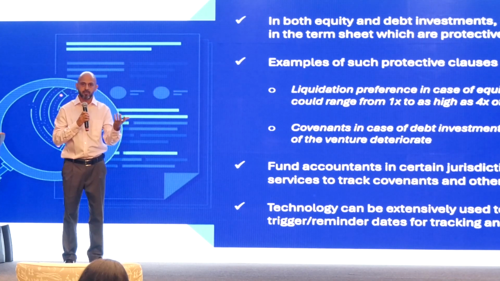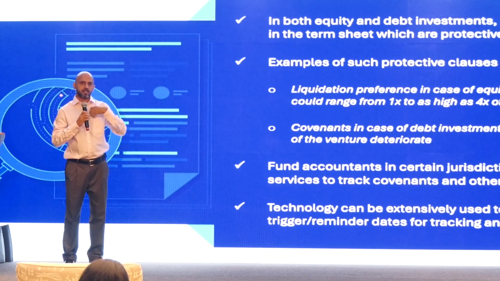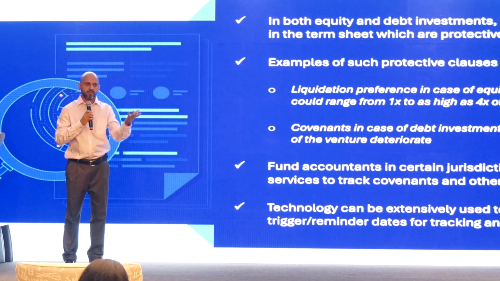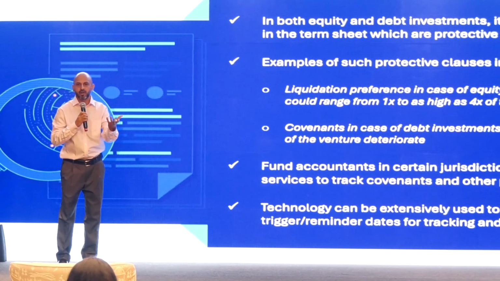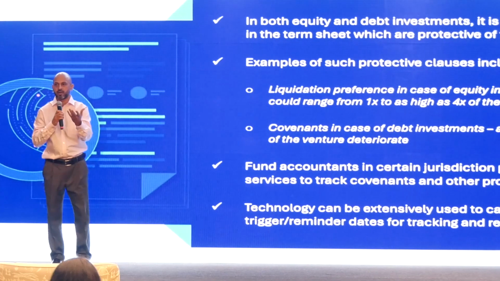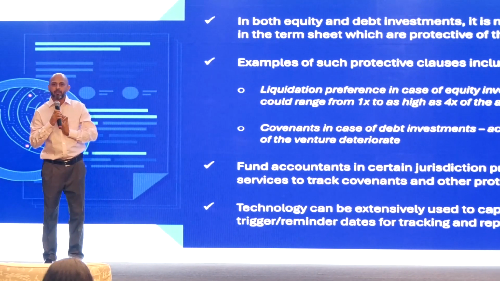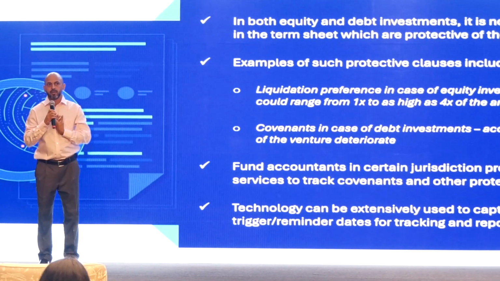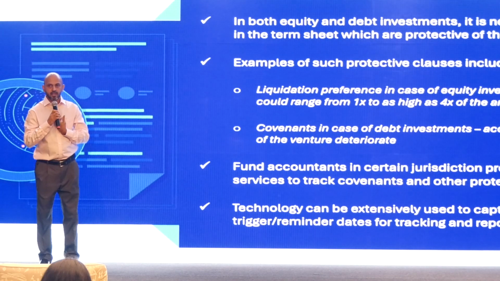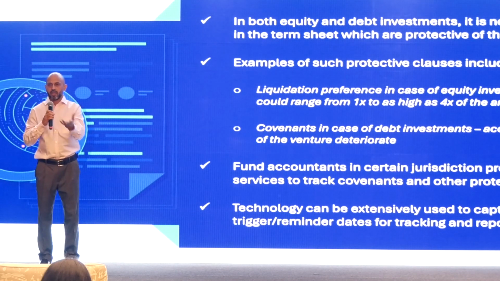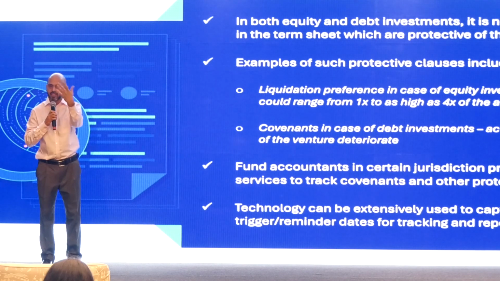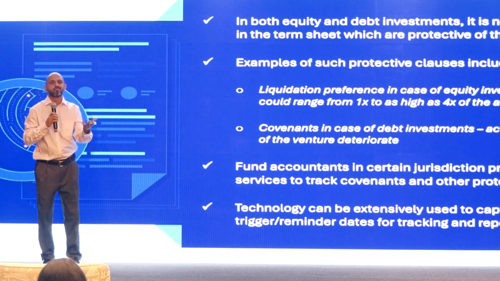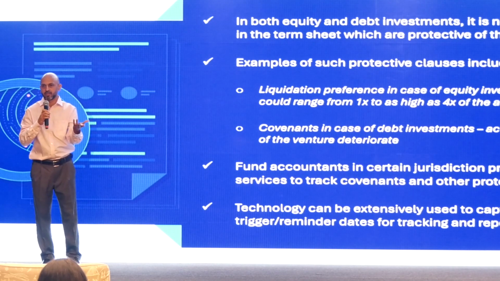preference. Liquidation preference meaning, a simple story, let's say I've invested $20 into a particular venture, and I've got a 20% stake in that venture. Liquidation preference basically works this way. If, say, 2 years later the venture is sold, let's say it's sold only for 40 rupees.